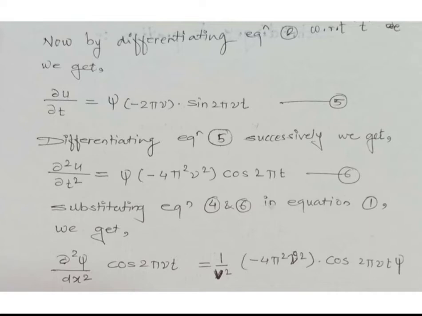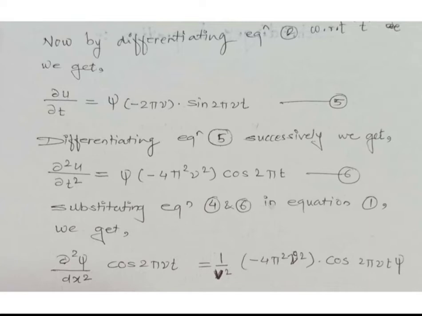Psi as it is, minus 2 pi nu into 2 pi nu, so the equation will be minus 4 pi square nu square, and this sine will again get converted into cos, so cos 2 pi nu t.